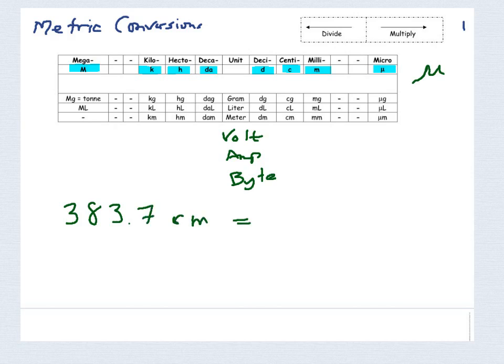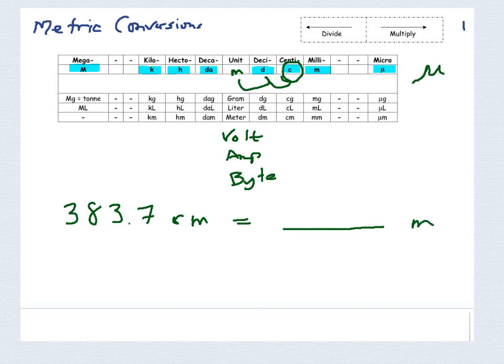Well, you first have to start on your conversion table with where you're located. We're at the centi, which is a fairly small unit of measure. You want to change it into a meter, that's the unit. You're going to have to divide by 10, divide by 100. You're dividing by 100 to go from centimeters to meters.